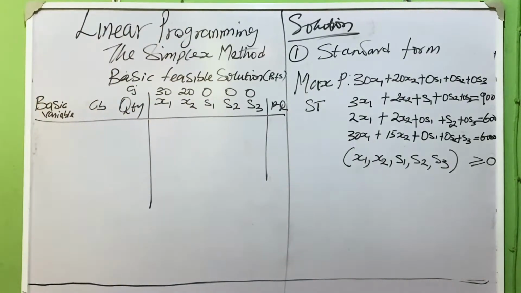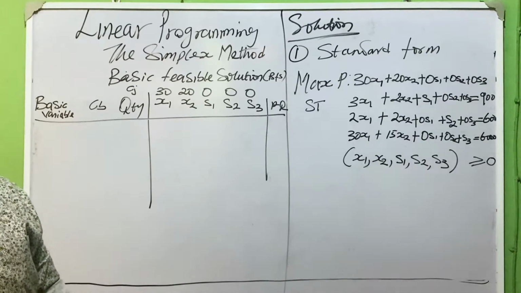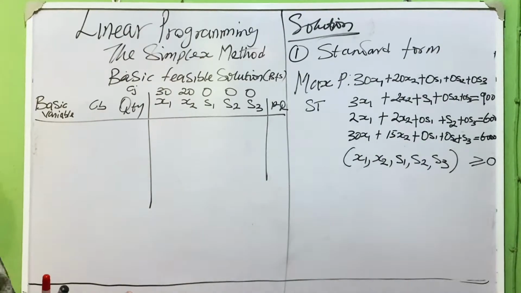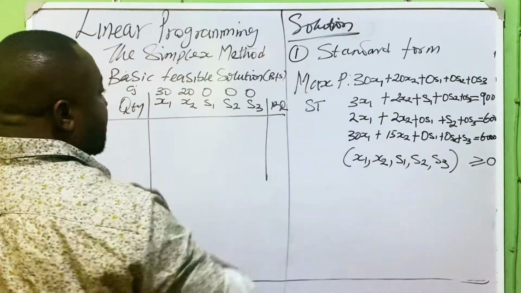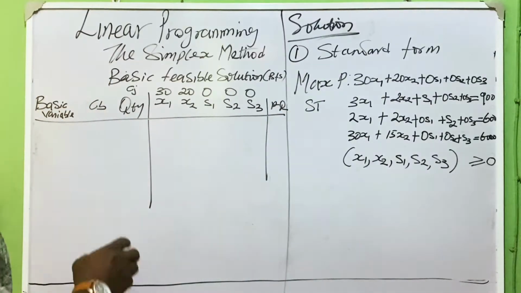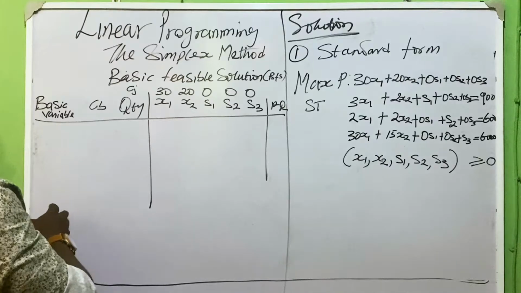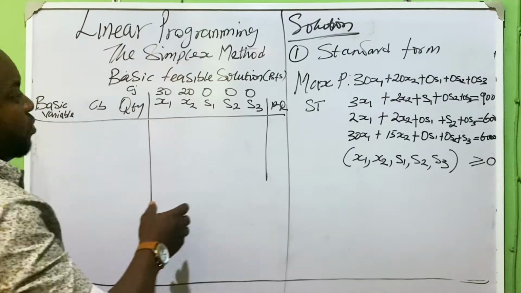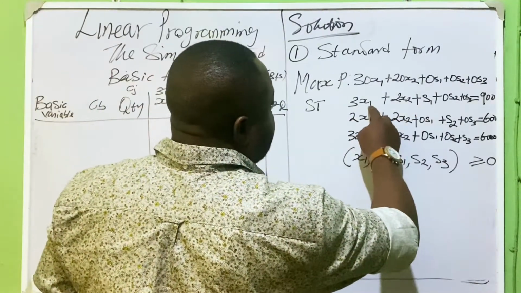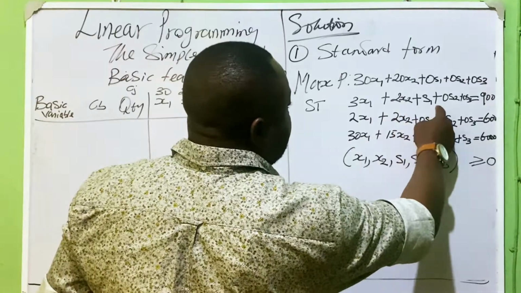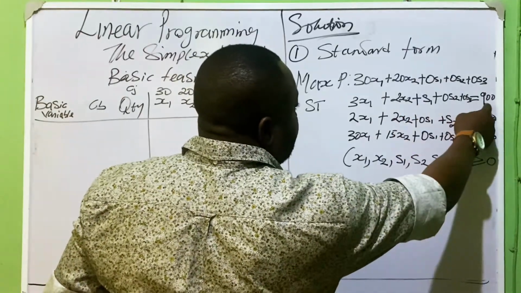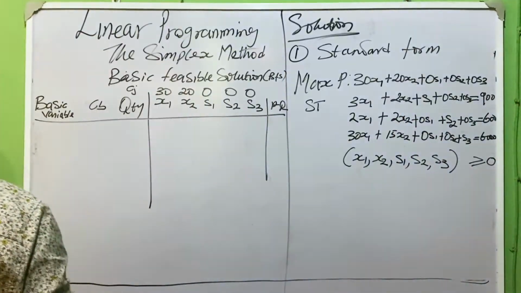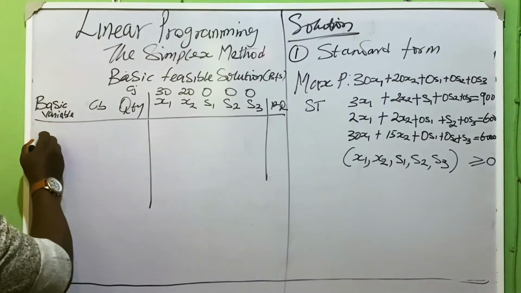In essence, what we're doing is to find a way of solving the structural constraints simultaneously for us to be able to achieve our objectives. At the point of zero production, if we multiply the others and equate them to zero, we have s1 equal to 900.